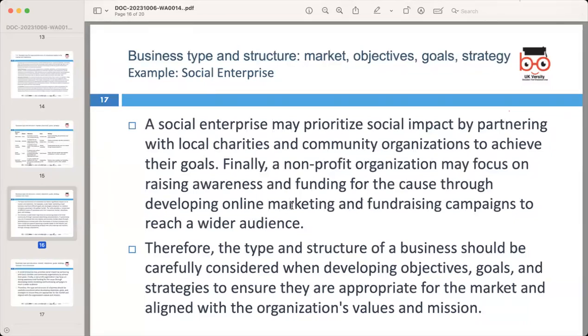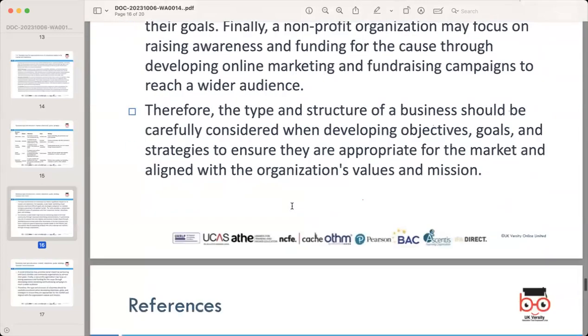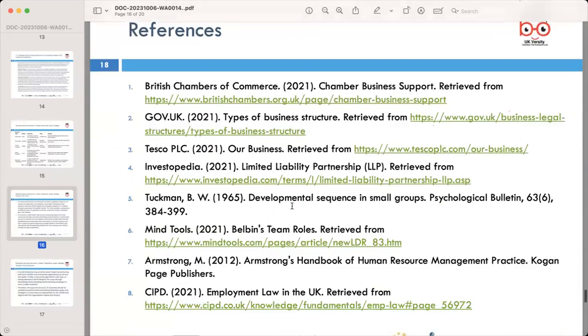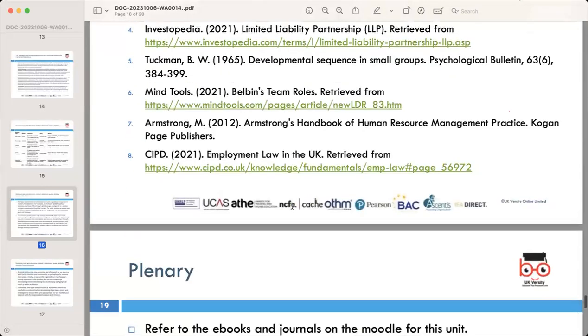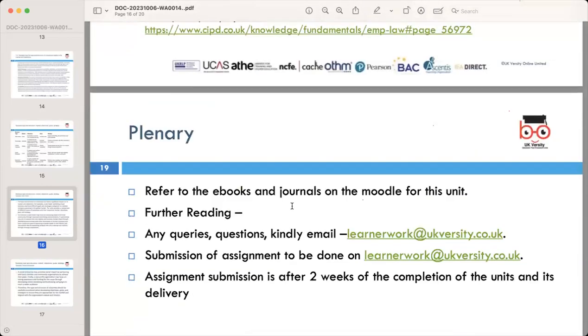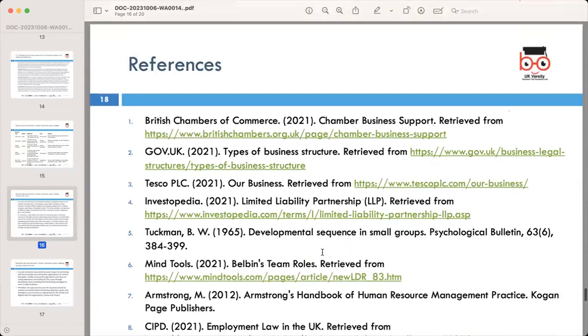Additionally, they aim to raise awareness about their mission and engage with like-minded individuals and organizations to drive positive social change. Yeah, that's it. Some references here, books for your reference, and if you have any questions, some email addresses.